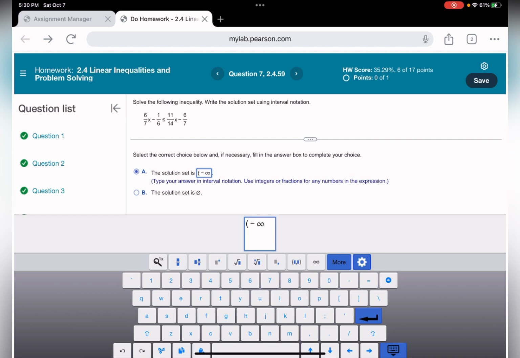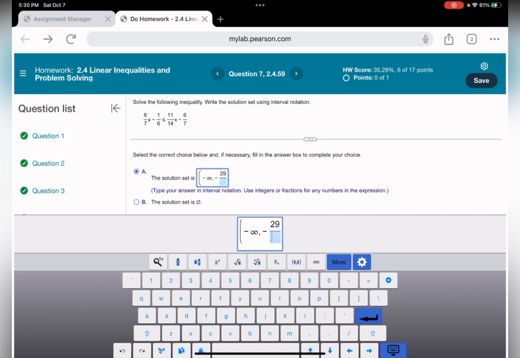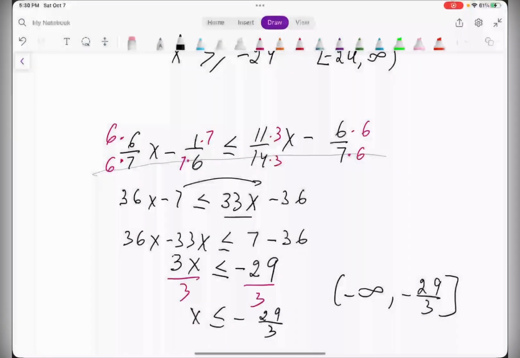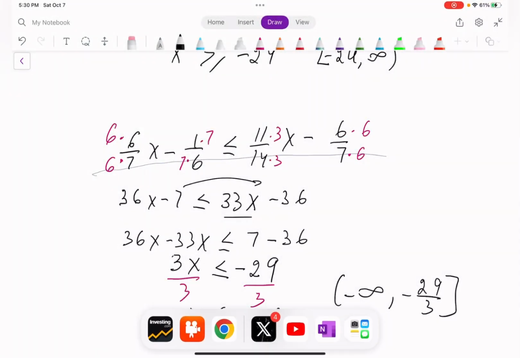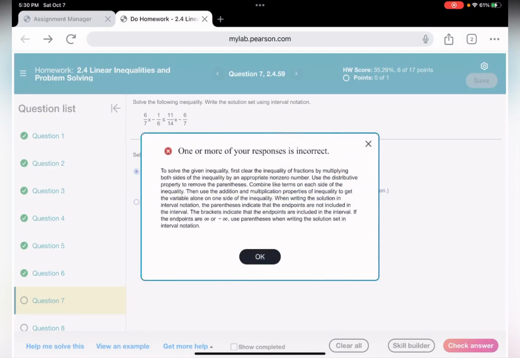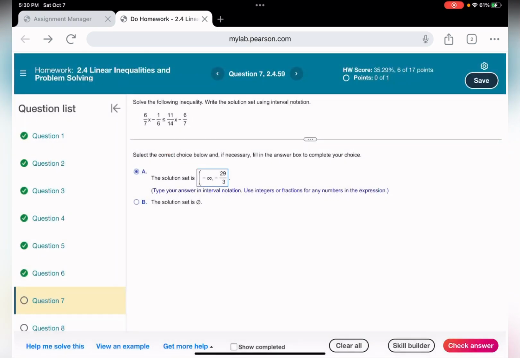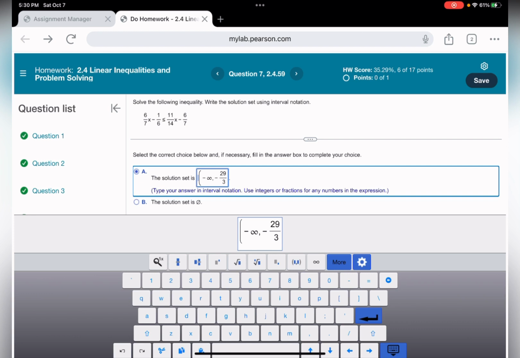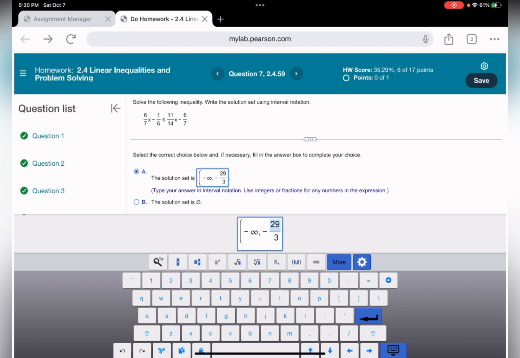Negative infinity, comma, negative 29 forward slash, how much was that? 29 over 3, okay. I didn't put parentheses, sorry, a square bracket rather, yeah, square bracket. Okay, forgot.